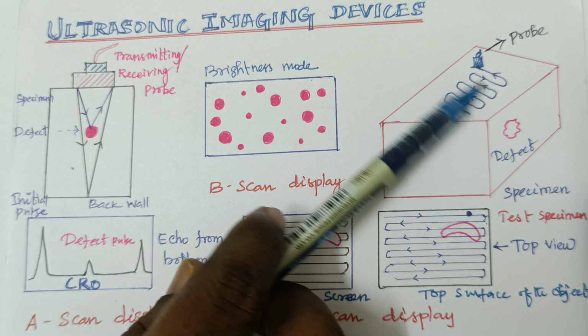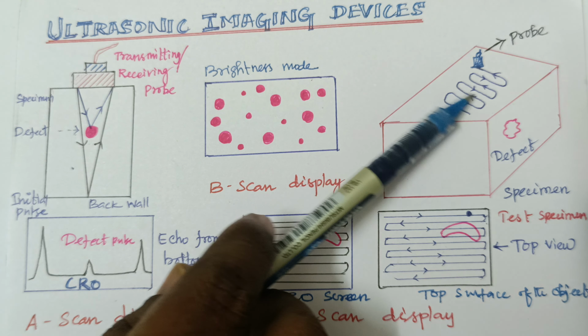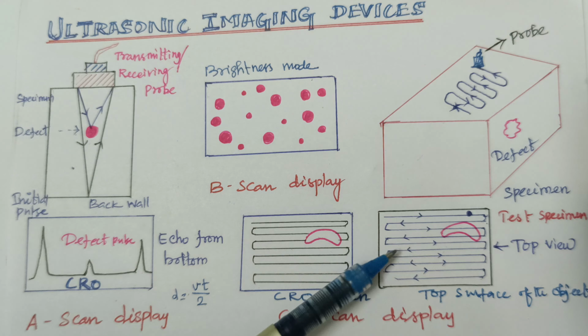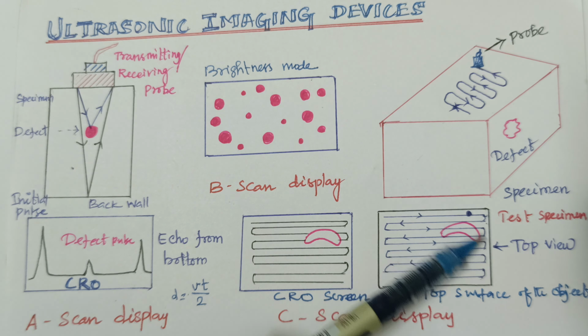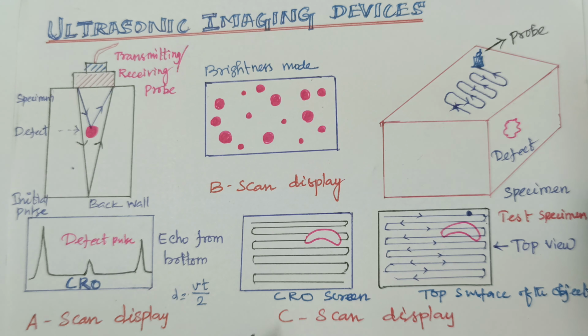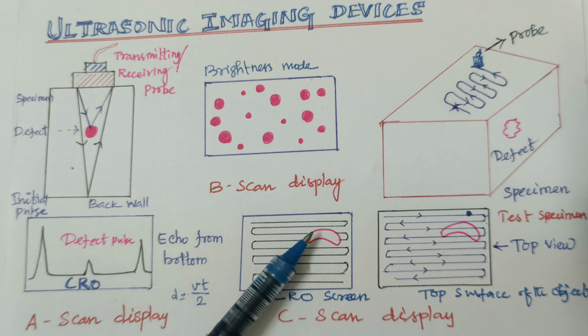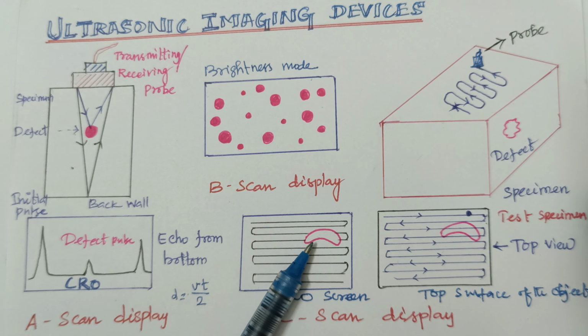The probe is moved over the surface of the sample on the XY platter. You can see the top surface of the object, and on the CRO you can see the position of the defect, where the defect is positioned in the sample.